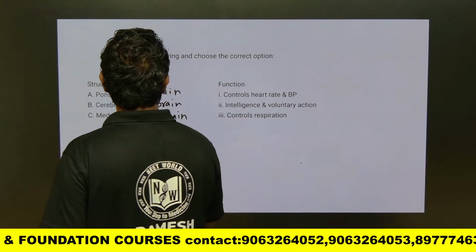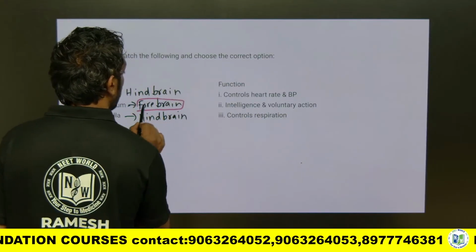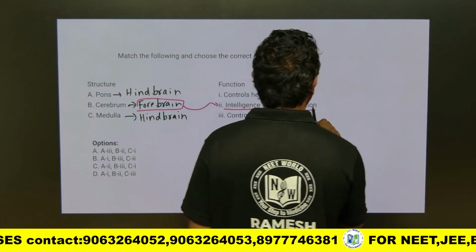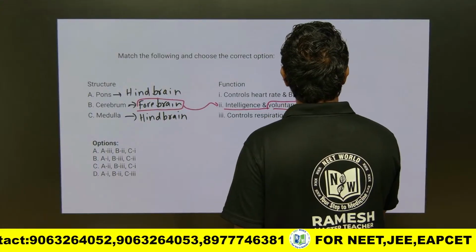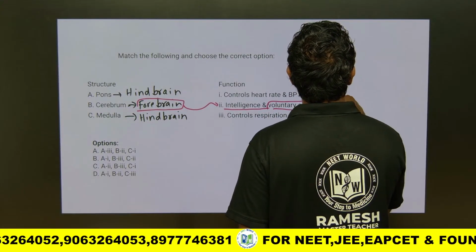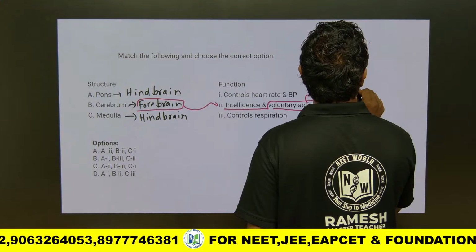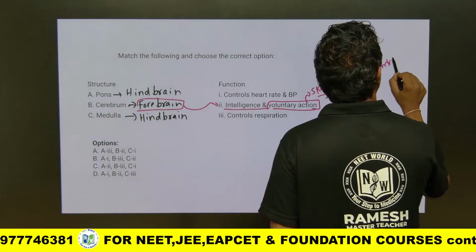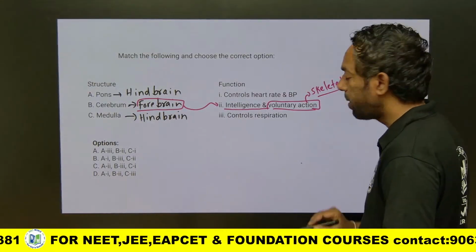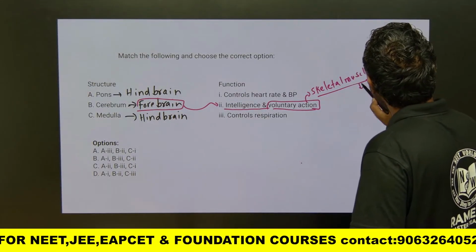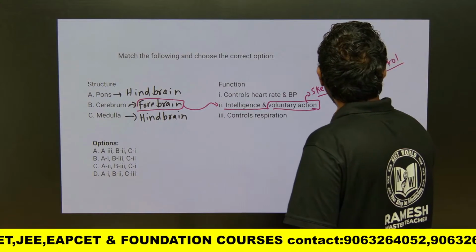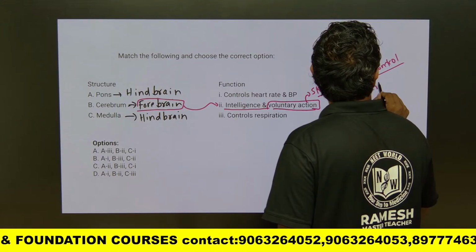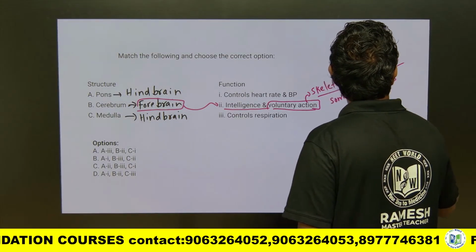Cerebrum, forebrain, intelligence, voluntary actions mean skeletal muscle actions, skeletal muscle control, meaning somatic nervous system control.